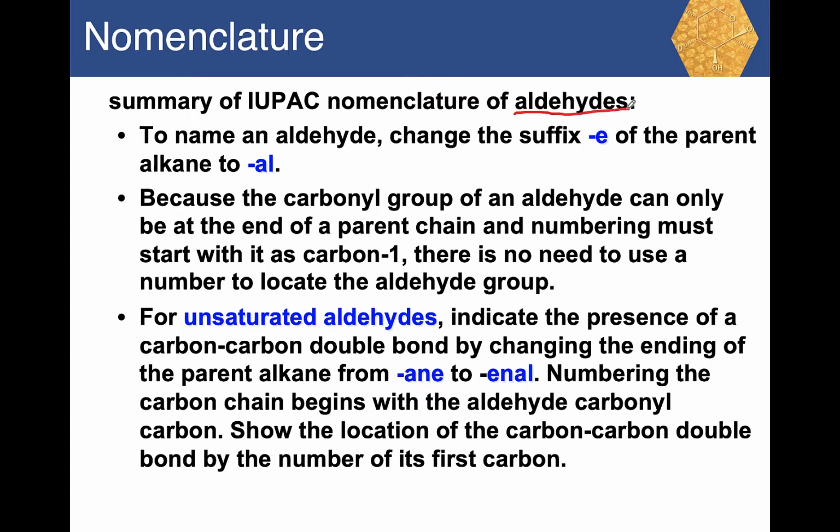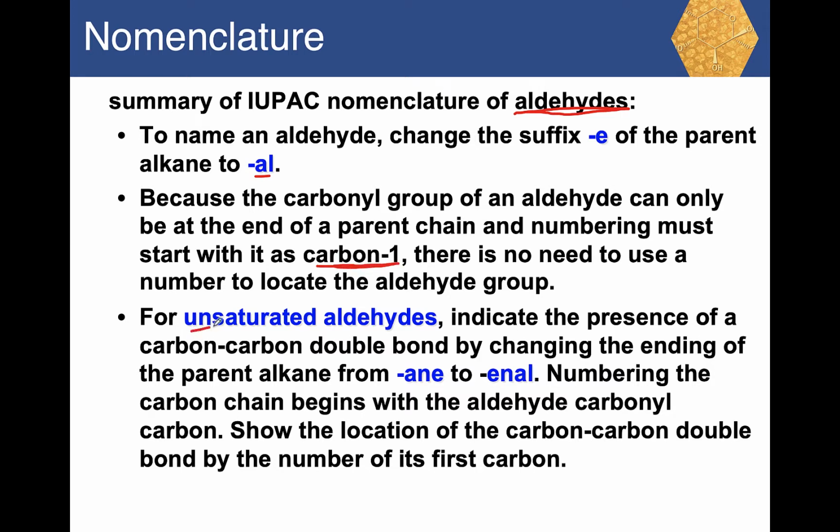As a summary, if you have an aldehyde, look at your molecule carefully. If you identify it to be an aldehyde, the E from the parent goes to "al", so it becomes an alkanal, so it's pentanal, hexanal, butanal, etc. The numbering: the carbonyl carbon always gets number 1.